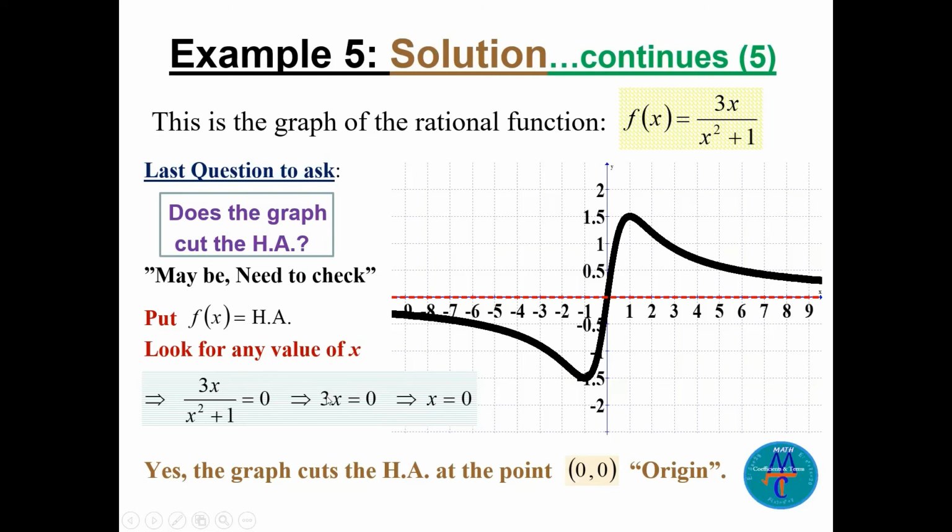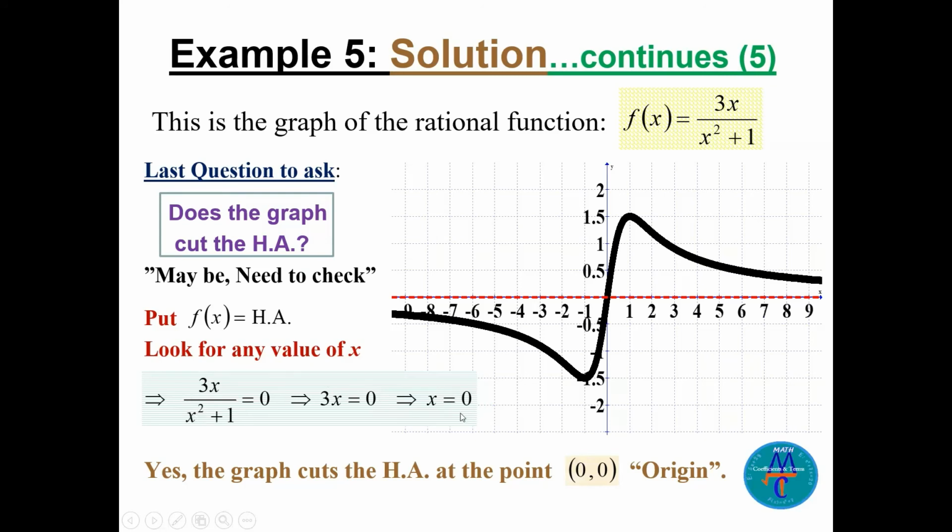Maybe we get 5 equals minus 6, or 0 equals 7, or something impossible. That means there is no x. If we have no value for x, that means the graph will never cut the horizontal asymptote. But in this case, yes, the graph cuts the horizontal asymptote at the point 0, 0, because we found x equals 0 from here.